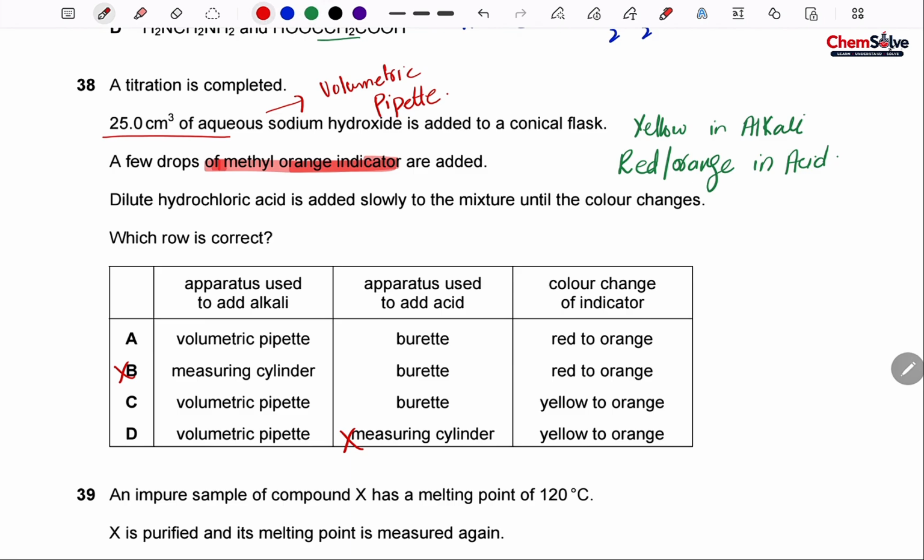Keeping this information in our mind, option C seems to be the correct one. Yellow to orange, as you can see, yellow to orange. So this seems to be the correct one. Option A says red to orange, which is incorrect.